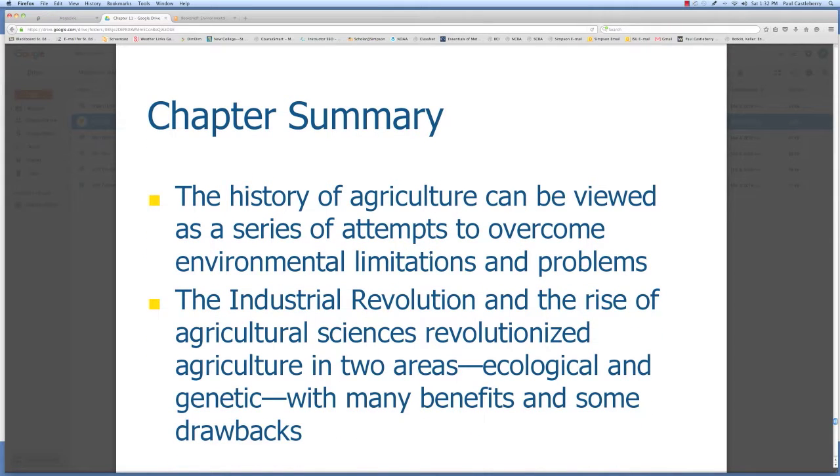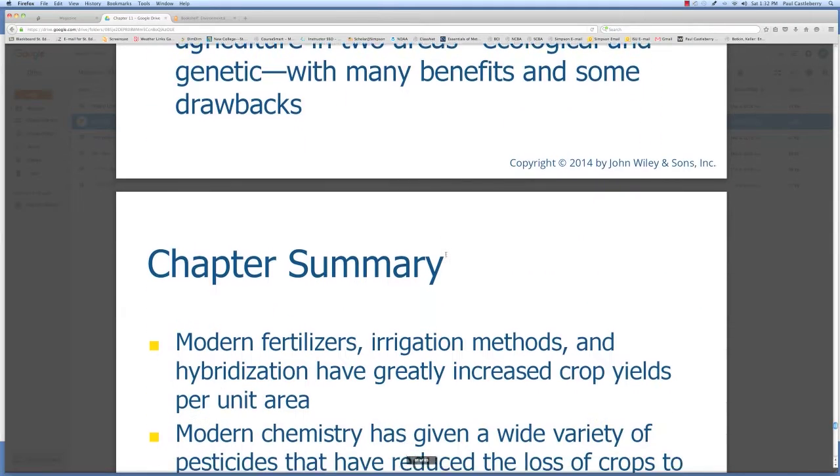We know that the history of agriculture itself has been an attempt to overcome not only environmental limitations, but also pests and limiting factors. The Industrial Revolution itself has helped to move the agricultural sciences ahead very quickly in two areas, ecological and genetic. There are many benefits to those, but there are also many drawbacks.